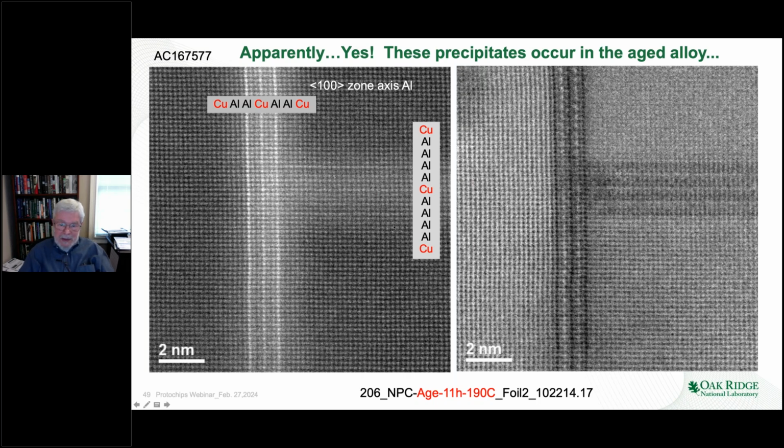So this gives us encouragement to try to do further work using xenon plasma FIB technology that we're just installing at Oak Ridge right now. And hopefully in the next few months, we'll be able to do these kinds of studies in much greater detail.